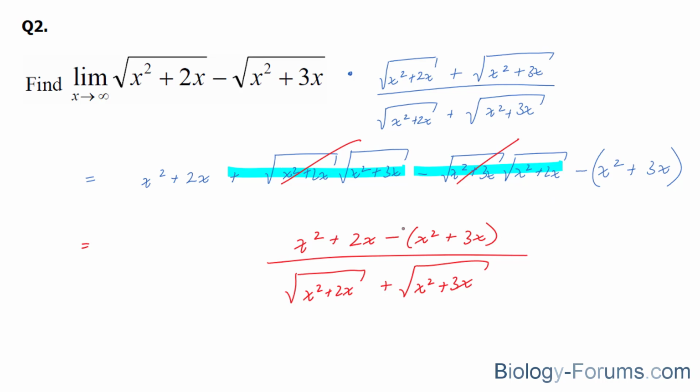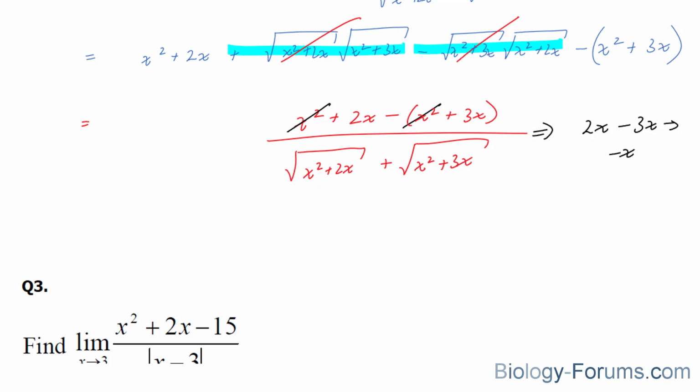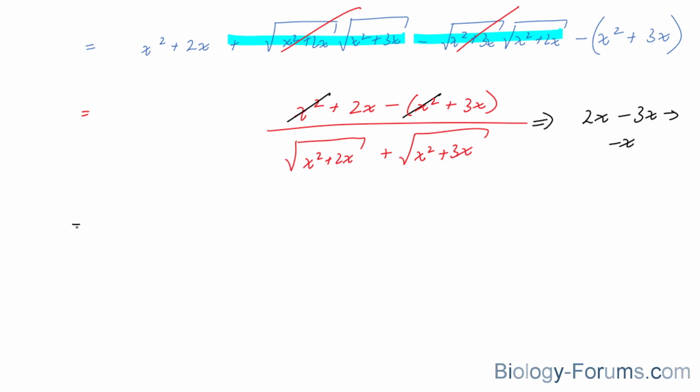You'll notice that if we multiply this negative out, this term and this term will cancel out, leaving us with, at the top, 2x minus 3x, which ends up becoming negative x. So we are left with, I'm going to increase the space here, negative x over this complicated bottom part.